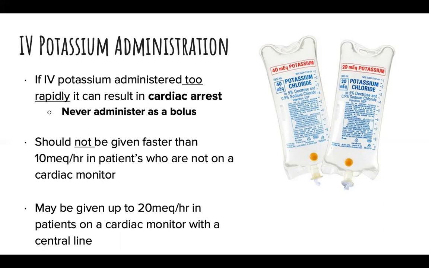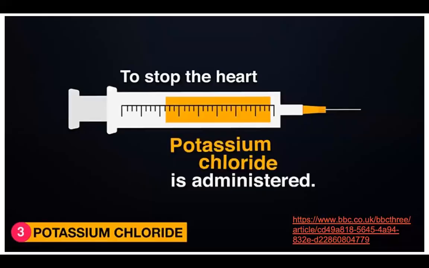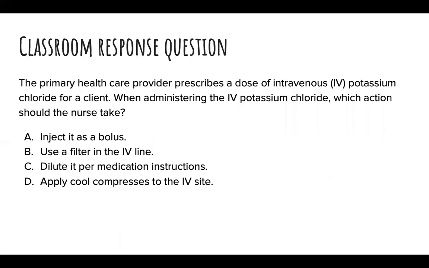We need to monitor that. Just a note here, potassium as a bolus is administered to prisoners who are going through execution. So I want you to grasp how big of a deal it is to administer potassium slowly.